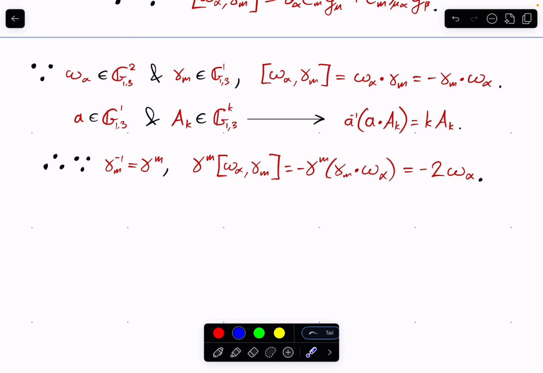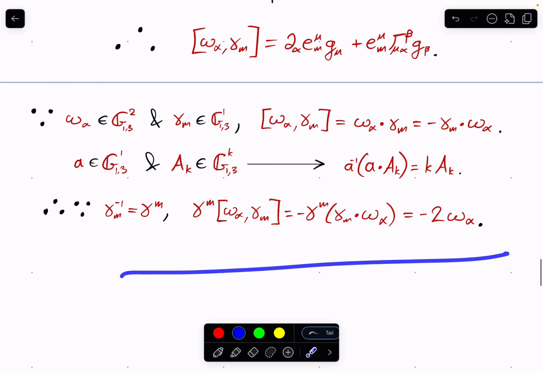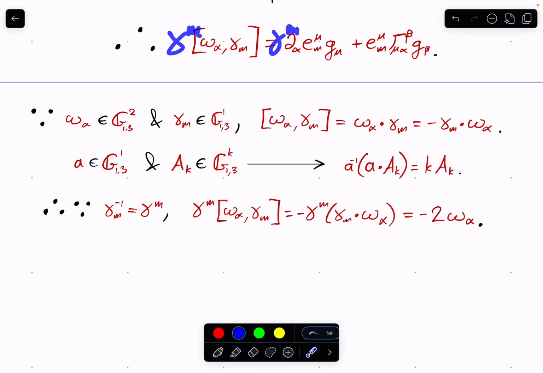And this is the identity that we need. And so we can just multiply by gamma m on both sides of this equation to isolate omega alpha.